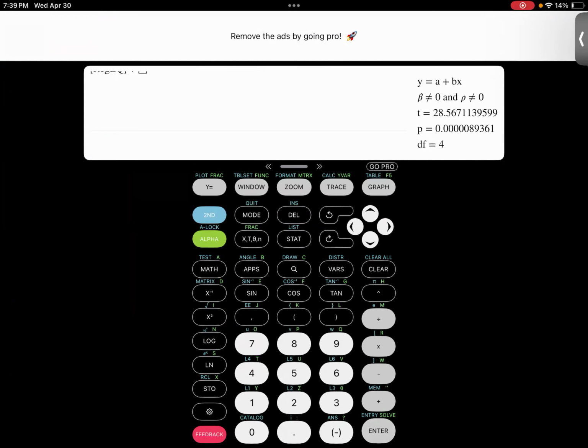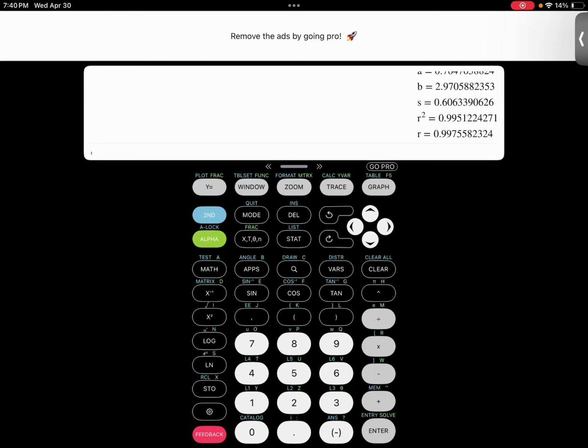Okay, so here's what we get. We get a test statistic t of 28.57, a p-value of 0.00008, so basically 0, and R is 0.9975.